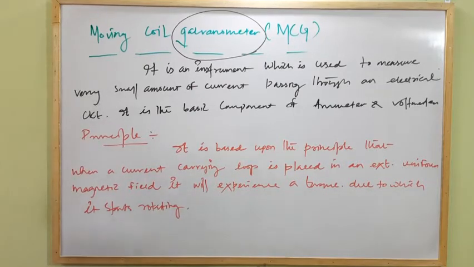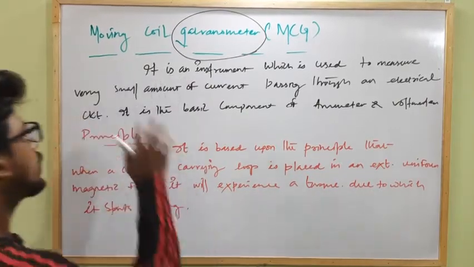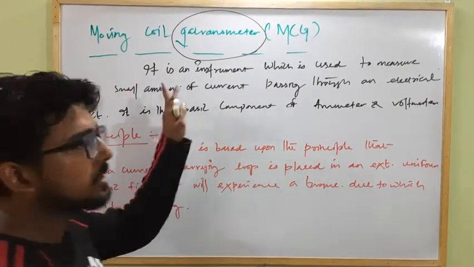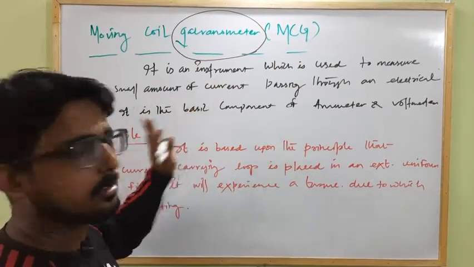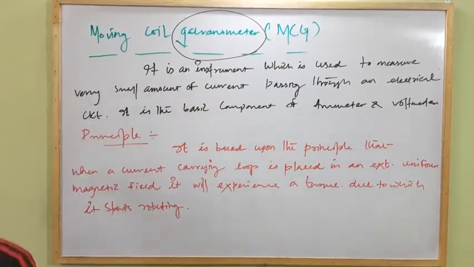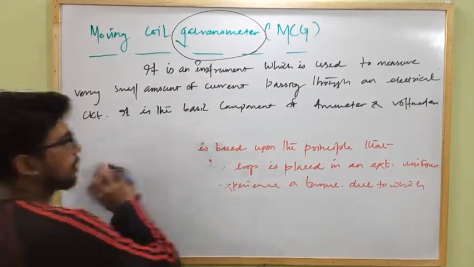Clear? Based upon this principle, the moving coil galvanometer is constructed. So we already know what a galvanometer is and by which principle it is constructed. Now let us draw the constructive diagram of a moving coil galvanometer.